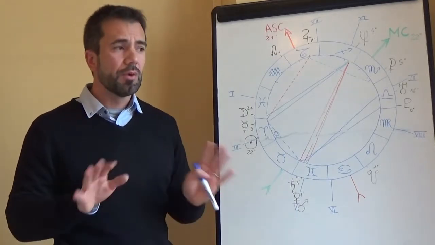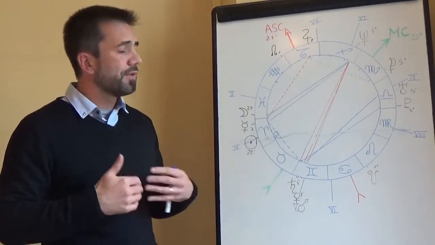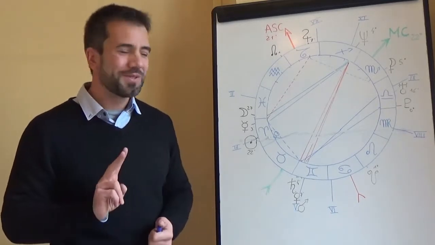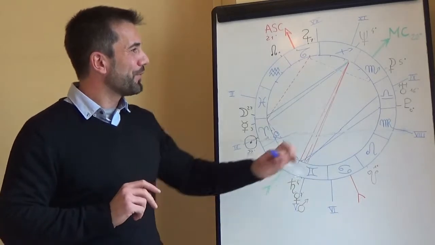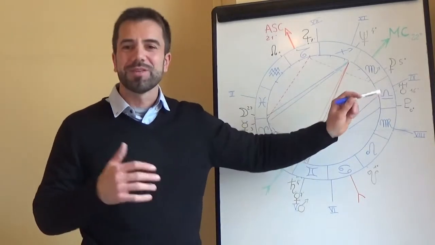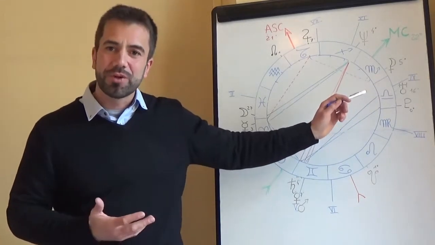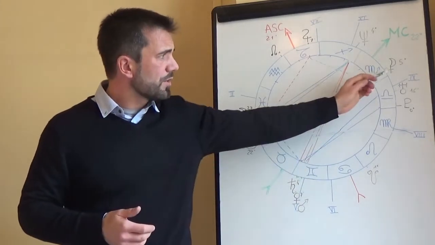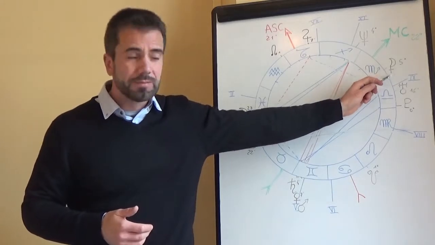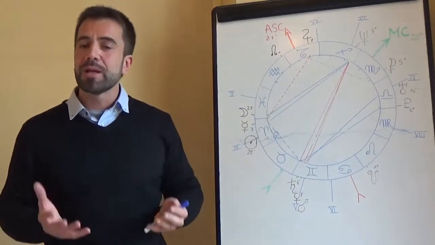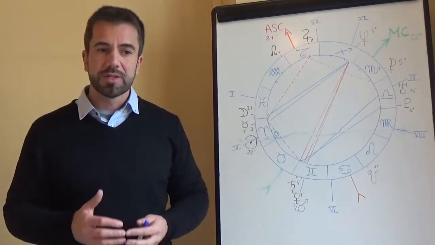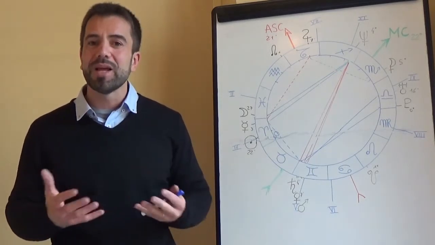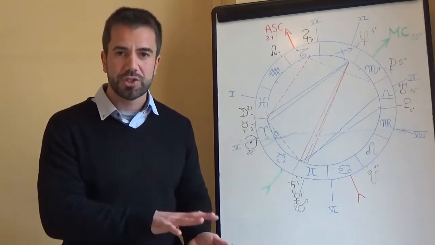No asteroid, no midpoint. There are only two other points that I use. These are karmic points, about karma. The first is the black moon. I use the mean black moon in the birth chart, because from my experience the mean black moon is more relevant in the birth chart.